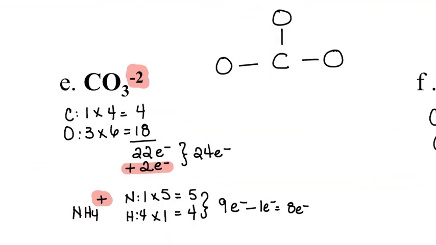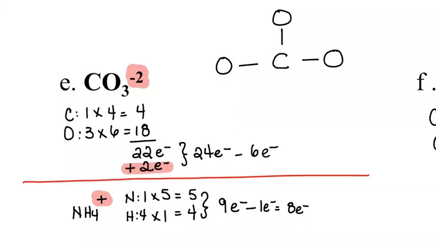Awesome. So these bonds between carbon and oxygen took care of how many electrons already? Excellent, 6 electrons. So we're going to do here minus 6 electrons. So we still have 18 electrons to place here.